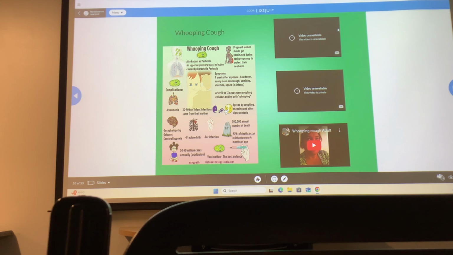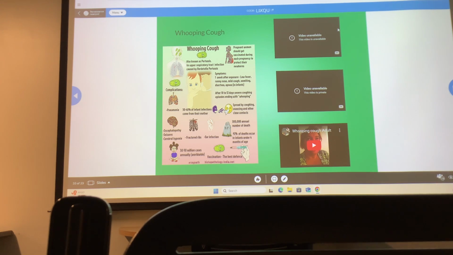That's why we call it whooping cough, right? So it sounds very different than stridor, okay? Stridor is kind of like a high-pitched whistle while they're trying to take in a breath, okay?